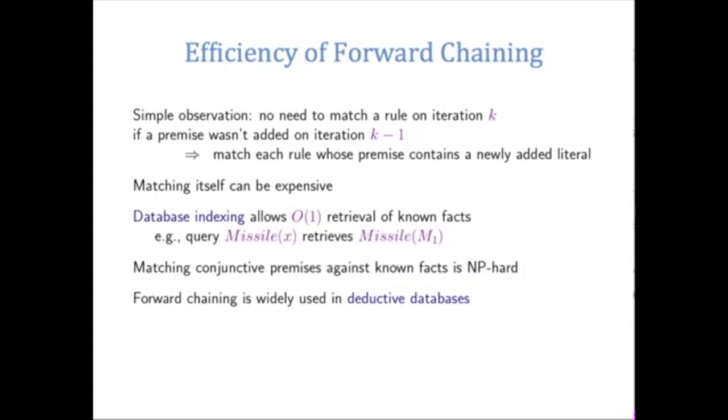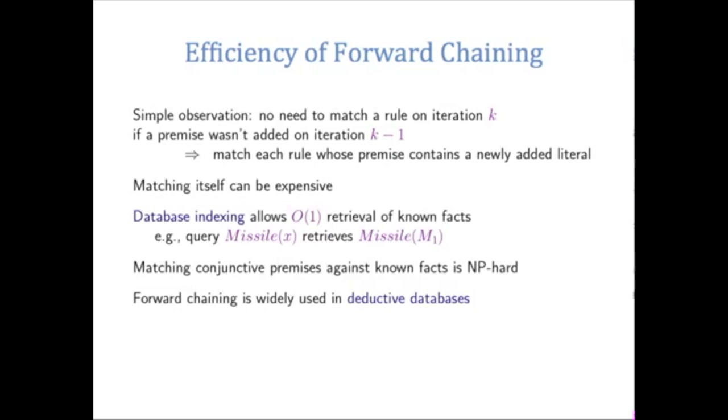Now, the business of matching can be expensive because you have to do a lot of comparisons. The good news there, though, is that we can index the database, and it allows constant time retrieval of known facts.